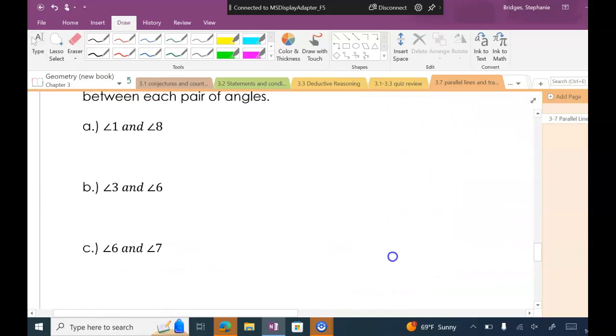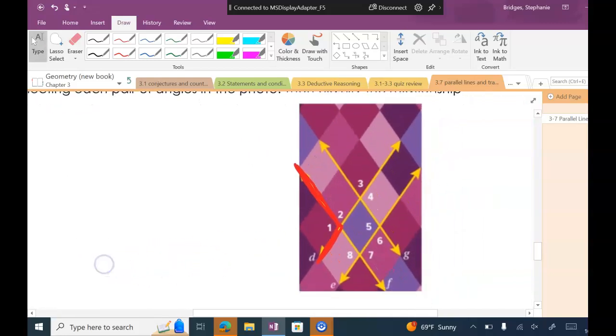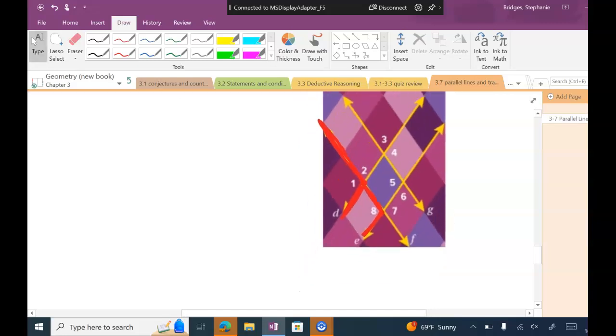And then angle 8 is here. So they technically touch 3 lines, but both of them touch what line specifically, individually? D, E, or F? F, okay. They both touch F right here, right?